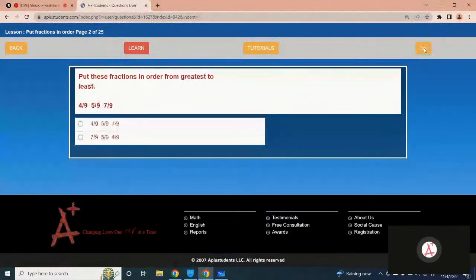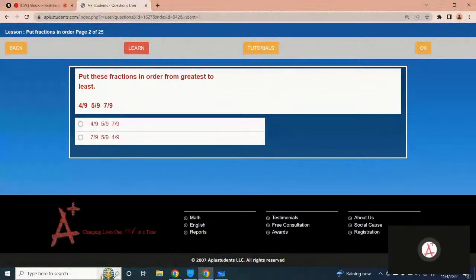Okay. For the next question, you have to just tell me the correct option. Got it? Okay, put these fractions in order from greatest to least. So which of the options is the correct one? Option 1 or option 2? You have to arrange them from greatest to least, not from least to greatest.